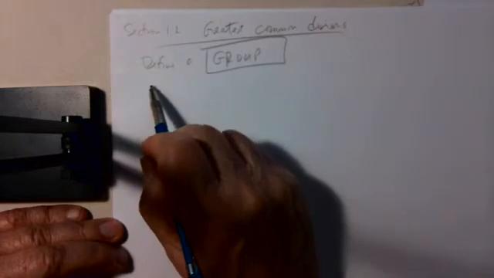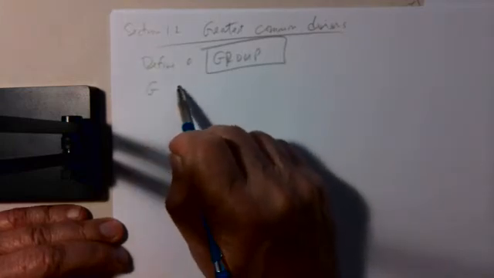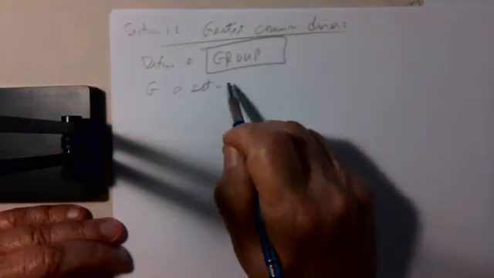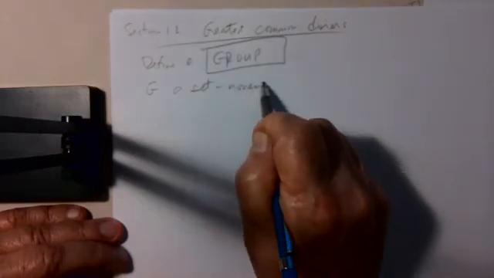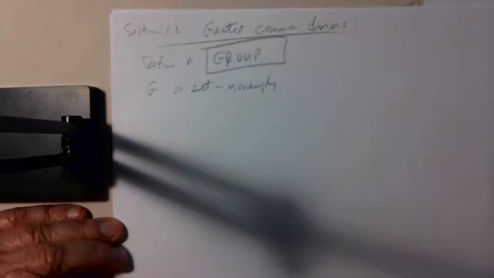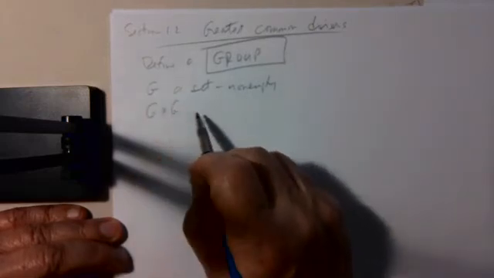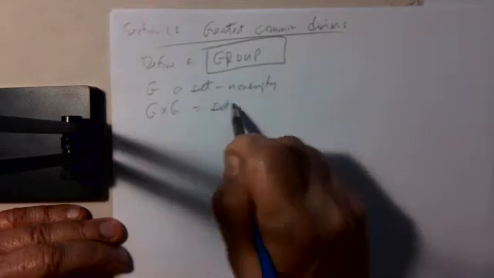If you've taken algebra, you've seen this already, but I don't assume anyone has taken algebra. We start as follows. Let G be a set. A set is just some collection of objects, and it's non-empty. There's something in it. By G times G, this is the set of ordered pairs.